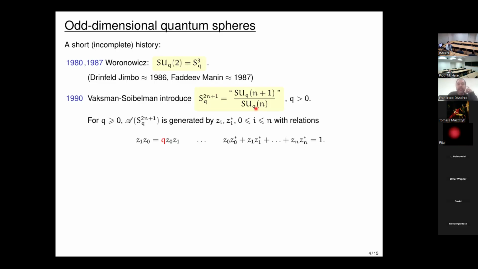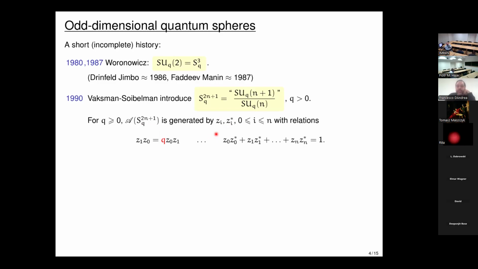You have 2n plus 2 generators, denoted by zeta i and zeta i star, and the universal algebra A of S2n plus 1 Q is the universal algebra generated by these elements with some relations. I only write two, just to show you what kind of relations you have. You have several commutation relations, for example zeta 1 zeta 0 is Q zeta 0 zeta 1.